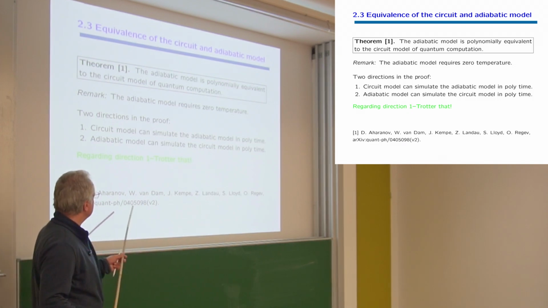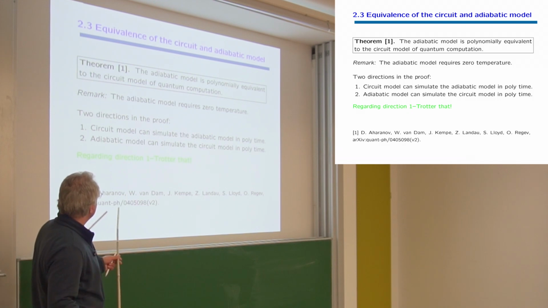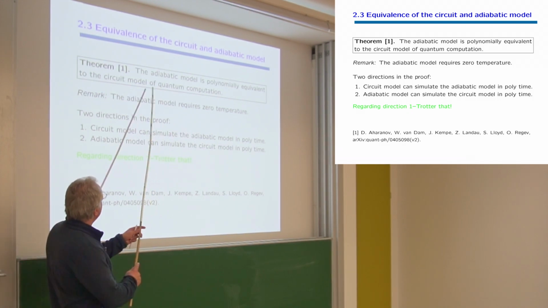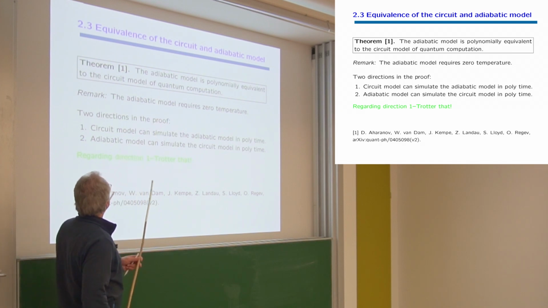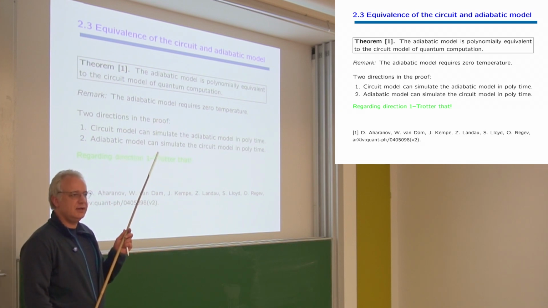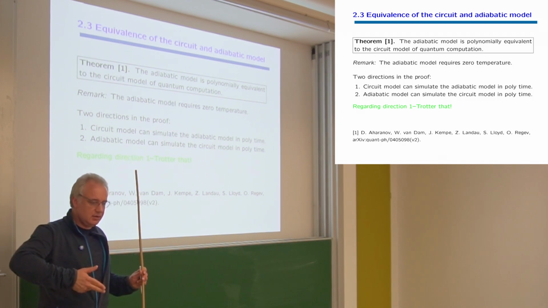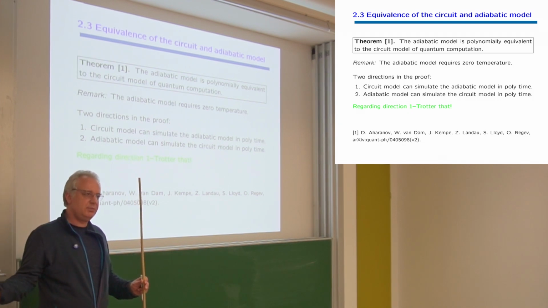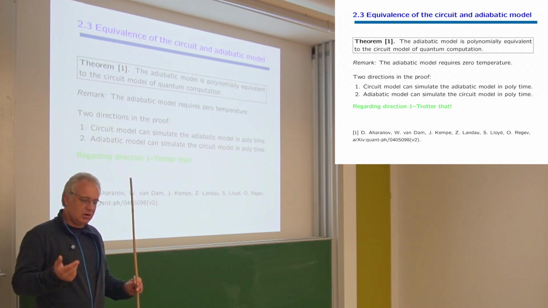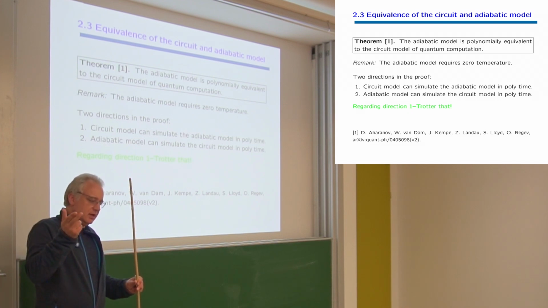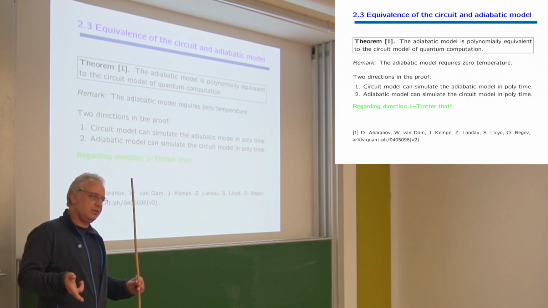It's quite an ingenious construction. But anyway, these people have proven that the adiabatic model is polynomially equivalent to the circuit model. That is, I can simulate the adiabatic model through the circuit model with polynomial overhead, or I can also simulate the circuit model with polynomial overhead by the adiabatic model.